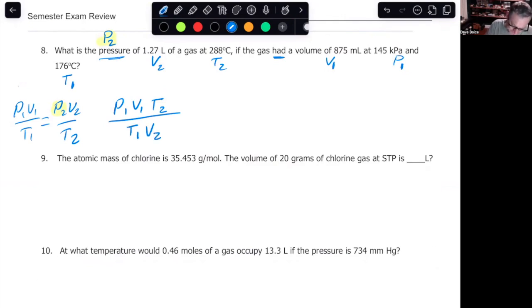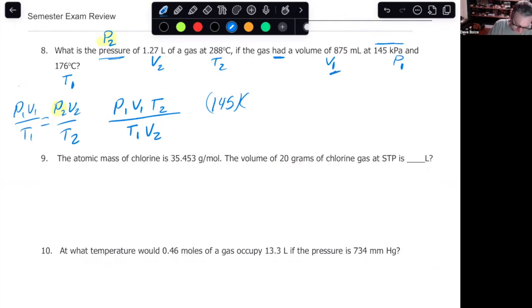So let's do a little plug and chug here. And P1, there you are, right there, 145 kPa. Okay, that means my answer is going to also be in kPa, which is cool with me because it didn't say any specific pressure, so fine. V1, here we go. This is why I keep labeling V1.